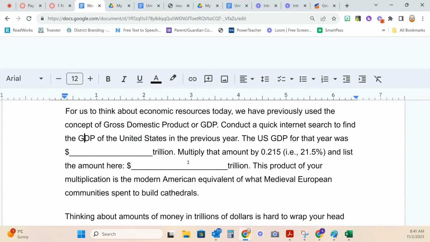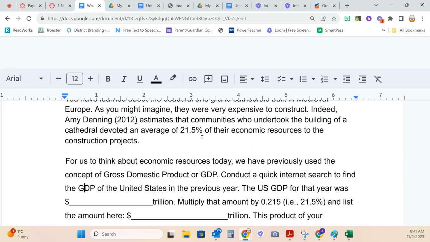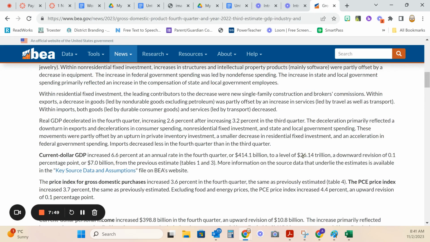Now we've got to do a little bit of light math. We need to multiply that number times 0.215, because that is how we represent that percentage as a decimal. The first one is going to be 26.14.